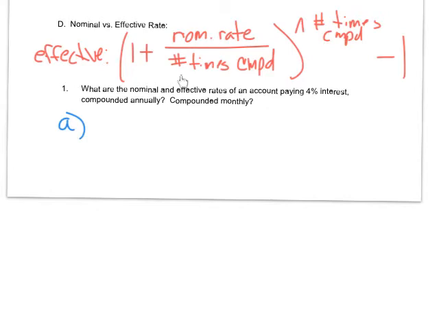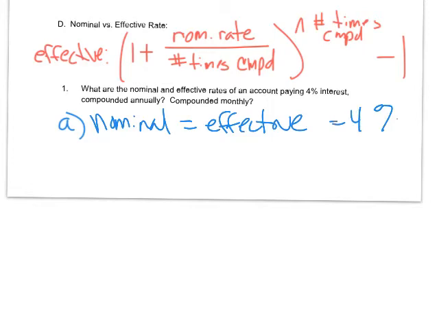And so everything, the ones will subtract away, and the nominal is equal to the effective rate. So the nominal is equal to the effective rate, and that's going to be 4%. That's easy. So now let's do compounded monthly.